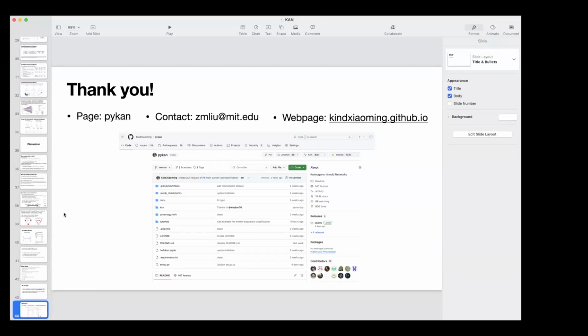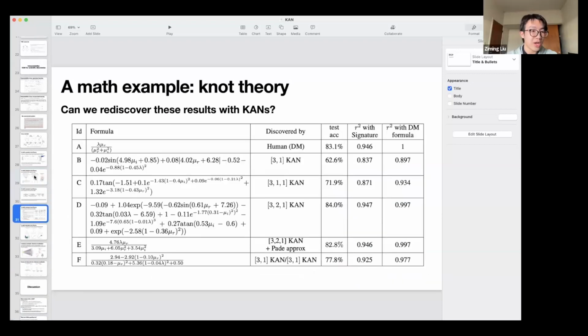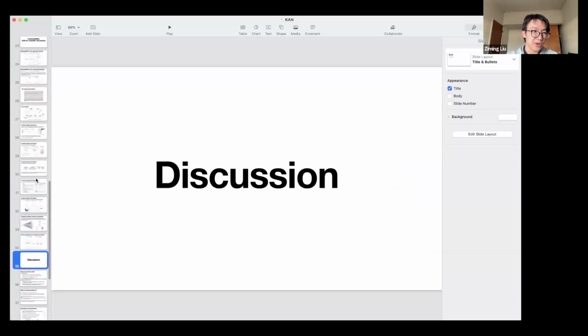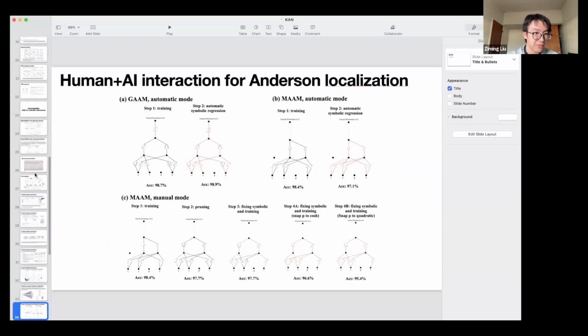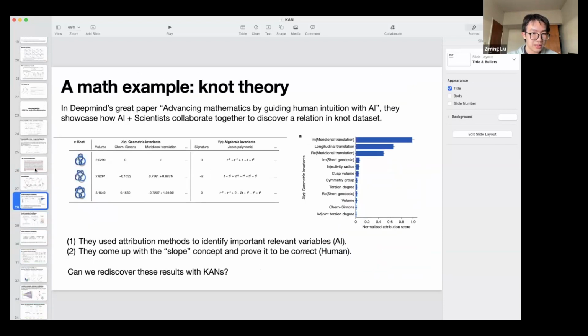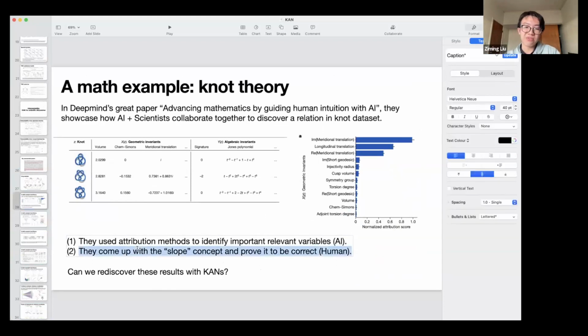Oh no, but I thought you mentioned you discovered the inequality, you rediscovered the inequality. No. So we rediscovered the slope, but not the inequality. Sorry that I didn't make it clear. No, so indeed, they discovered the inequality.